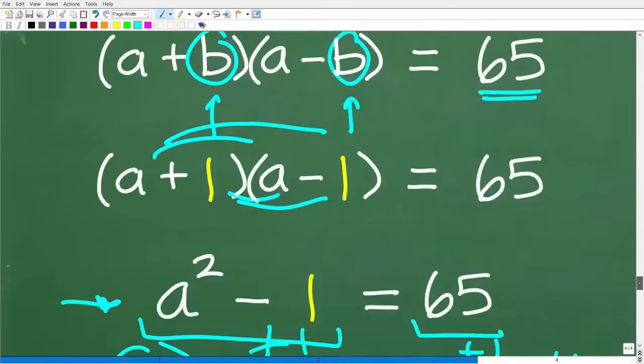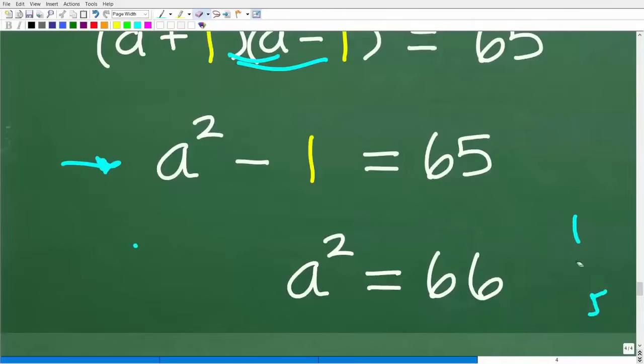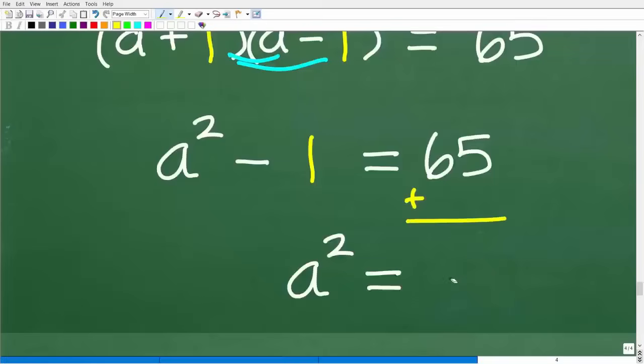So let's let b equal another number. But what other number? Well, we have to add something to both sides of this equation. In this case, when we let b equal 1, we have to add 1 to both sides. So what can we add to this 65 to make it an easier number to solve this equation? Well, what's the next perfect square after 65?